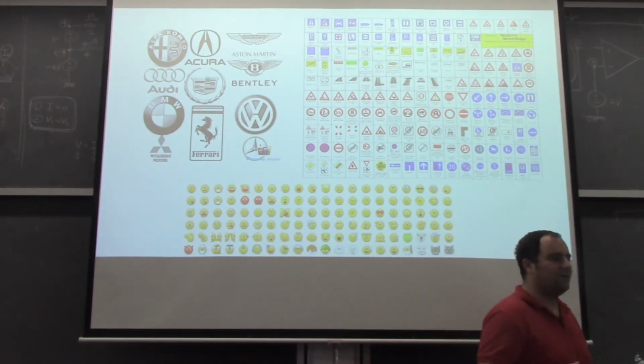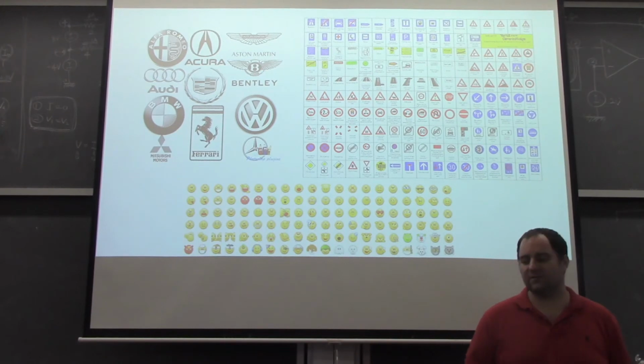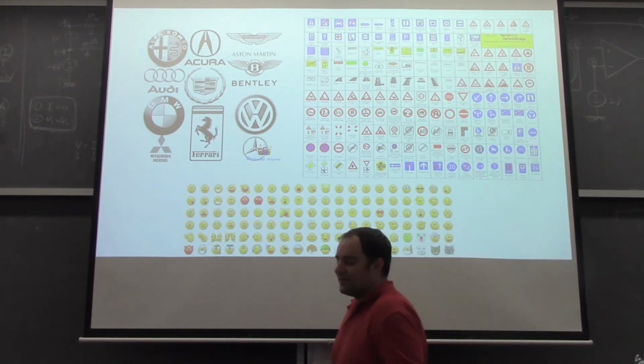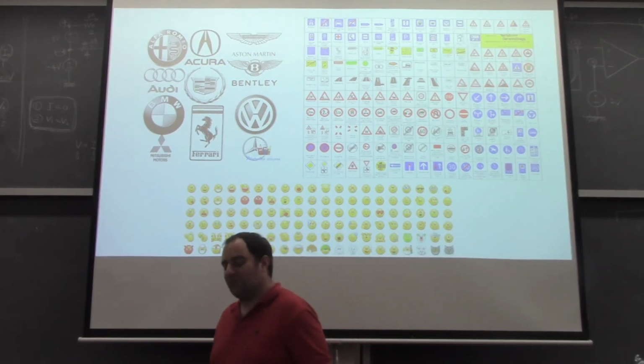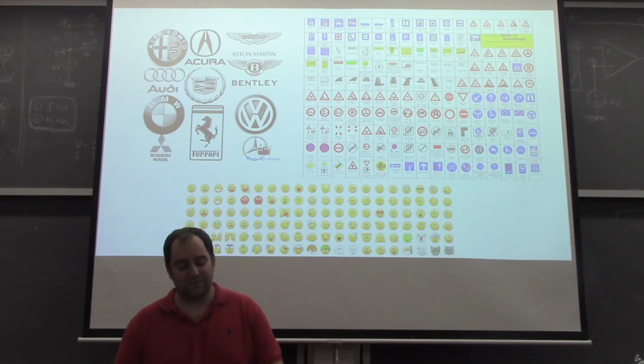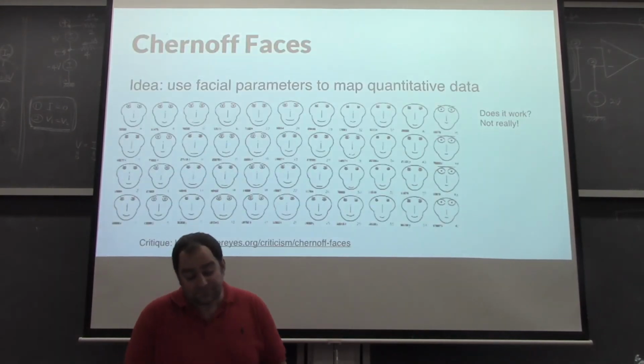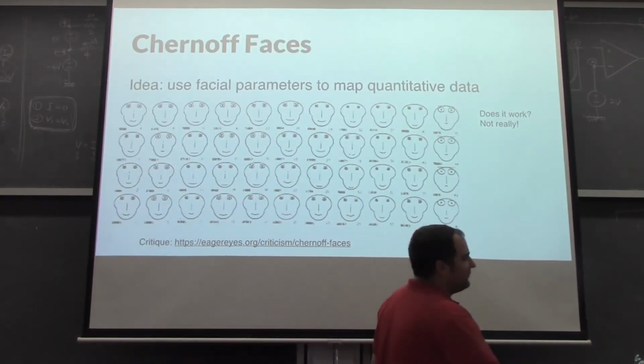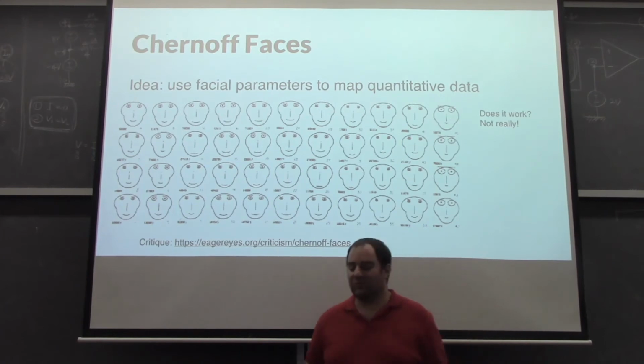So we have very, very many different symbols that we can leverage. That is great, but you also have to learn them, right? And again, there is no ordering, and it's hard to encode anything but identity. People have actually tried to use that to encode quantitative data.